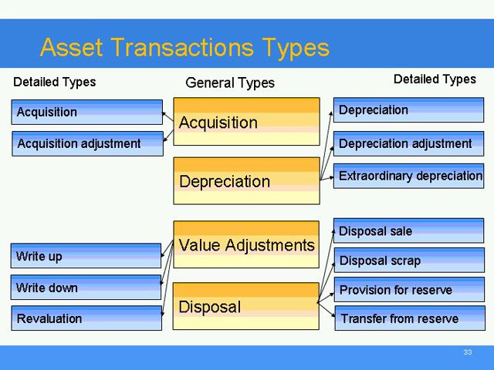For value adjustment, write up, write down, and revaluation transaction types. For disposal, sale, disposal scrap, provision for reserve, transfer from a reserve. So the fixed asset model provides a huge number of transaction types.